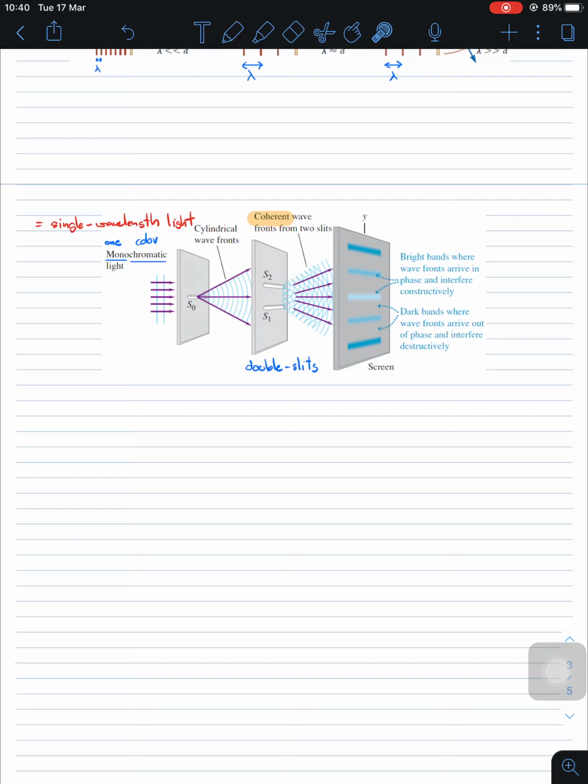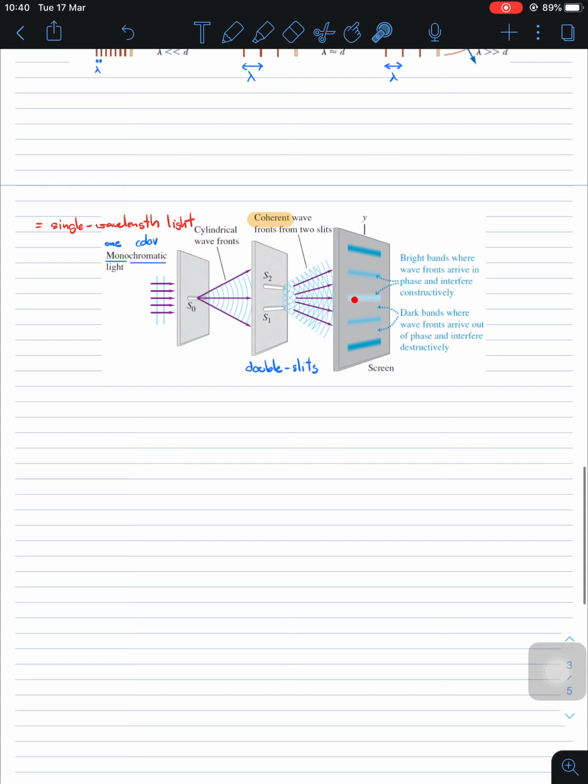Now the two waves from these slits interfere with each other on the screen, and we can have the pattern of maximum and minimum, maximum and minimum, and so on. You see this is the maximum, the minimum, maximum, minimum, and the maximum, and so on.